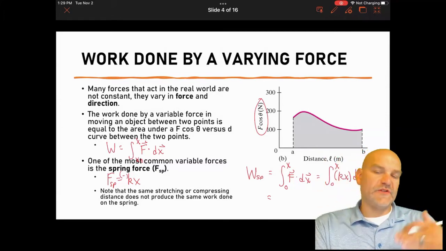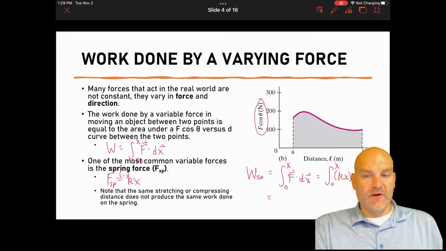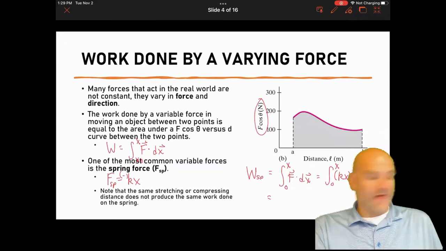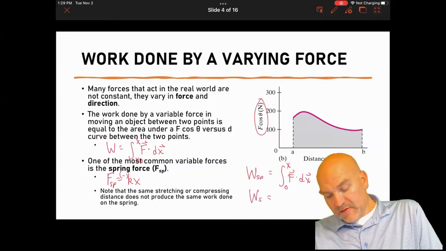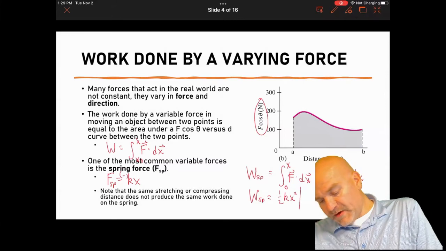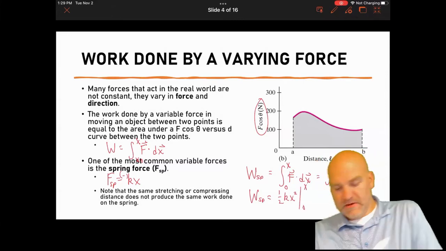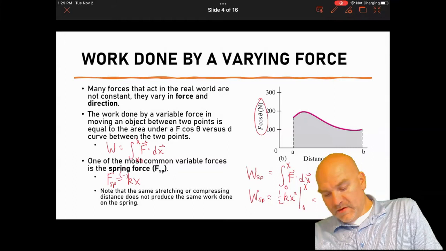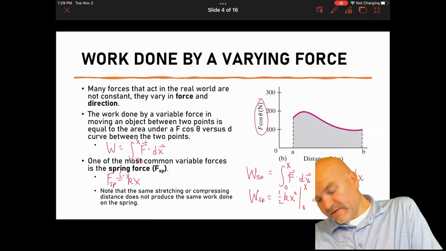You substitute in the function for your force, and now you take the integral of that. So the work done on a spring is 1/2 kx squared evaluated from 0 to x, and that's going to be 1/2 kx squared.